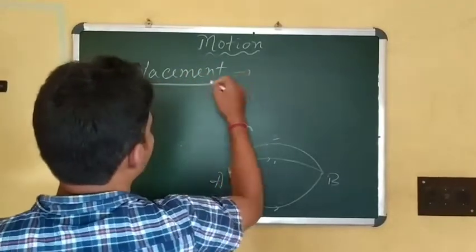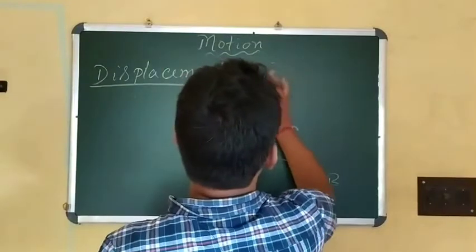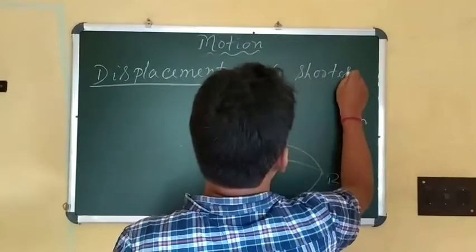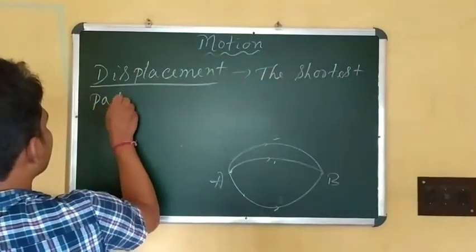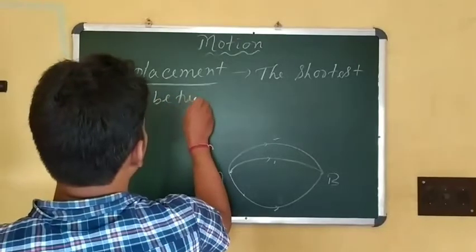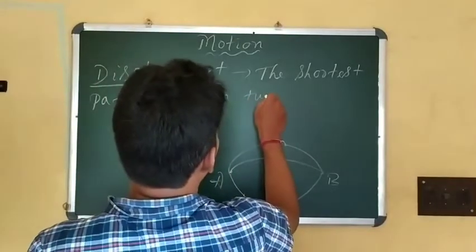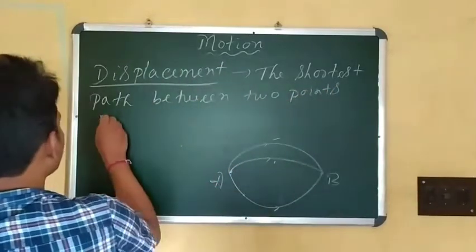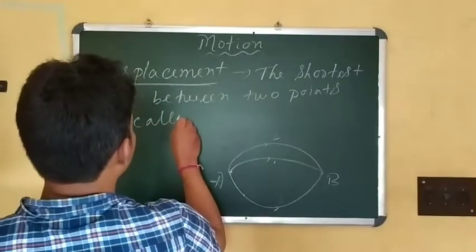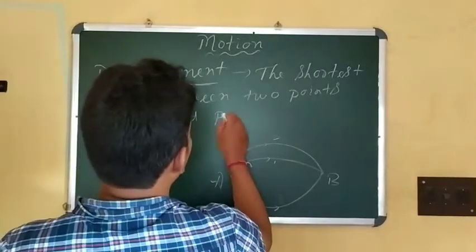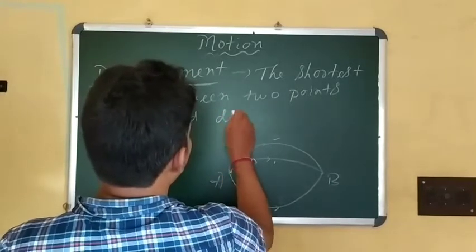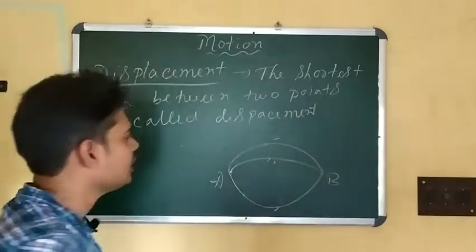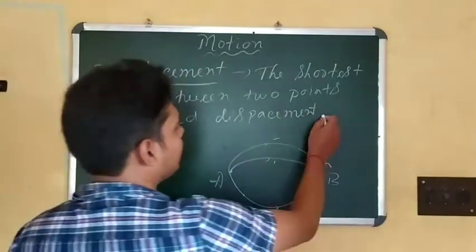The shortest path between 2 points is called displacement.